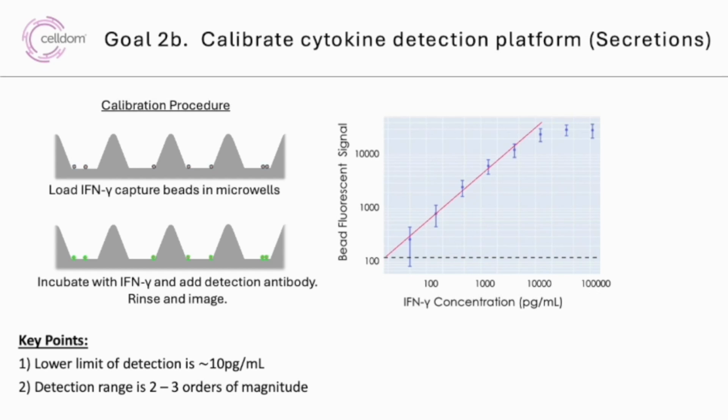As you can see on the graph on the right, the signal is linear over 3 orders of magnitude, and it has a lower limit of detection approaching 10 picograms per mL, which is as sensitive as gold standard ELISA assays, and convinced us that we can measure cell secretions quite accurately and at the appropriate concentration levels.